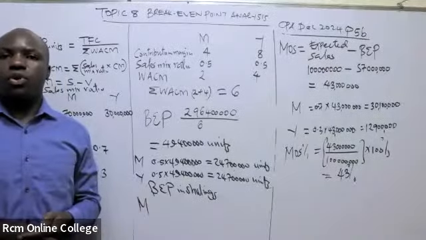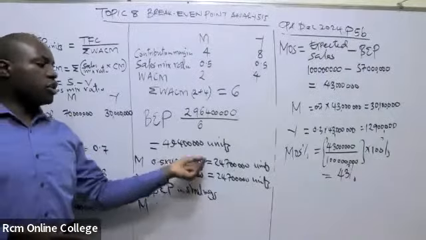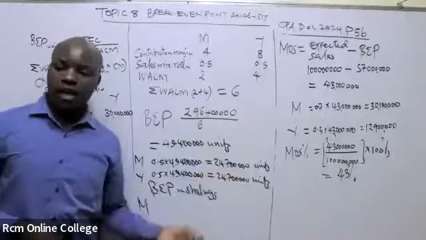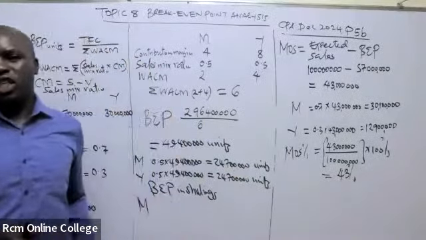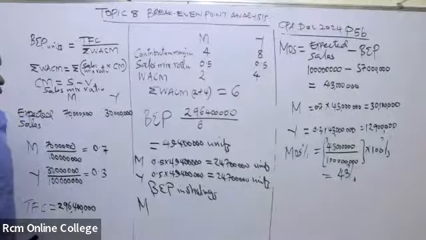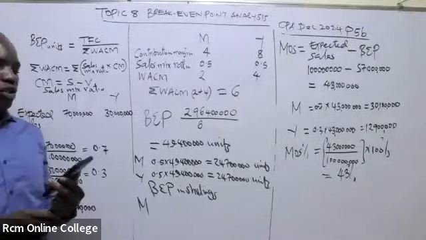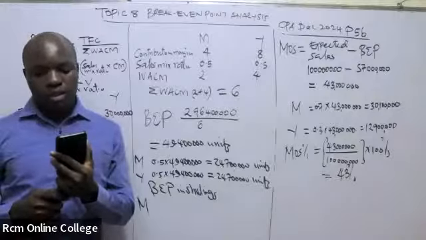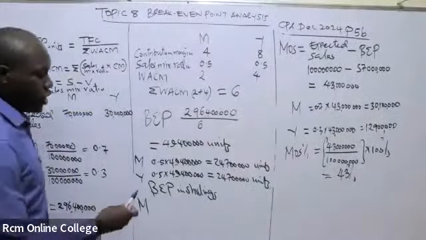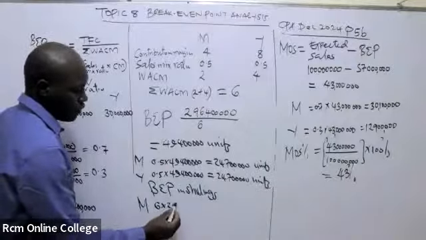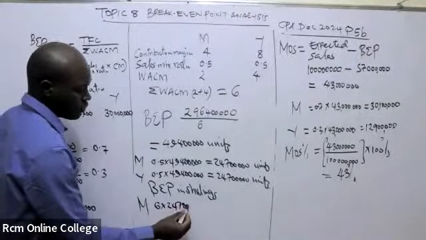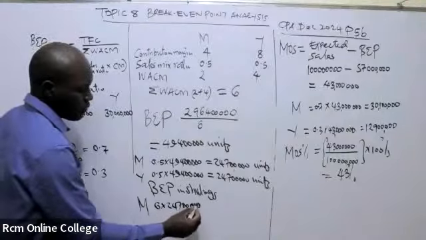So what do we need to do? Once we have the break-even point in units for the individual product, we multiply by its own selling price. So go to the table that we are given and look at the selling price per unit of product M. It is 6 shillings. So take 6 shillings multiplied by 24,700,000.